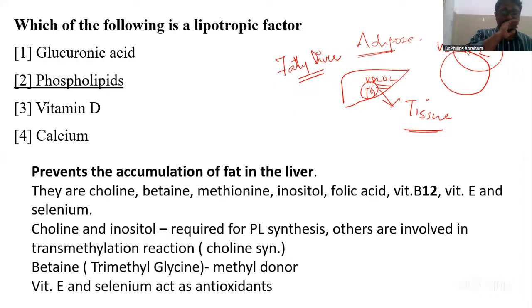Some examples: in general, we can use the word phospholipid, because that is a part of VLDL, which helps in the transport of lipid from the liver to tissues. But more specifically, choline, betaine, inositol, methionine, folic acid, B12. These are the compounds that help in phospholipid synthesis. Hope it's clear.